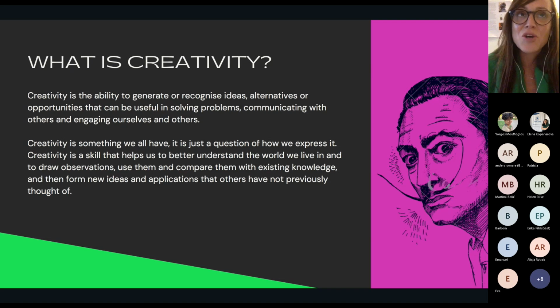Creativity is also a skill that helps us to better understand the world we live in, to draw observations, compare them with the existing knowledge that we already have, and then form new ideas and apply them to new projects.